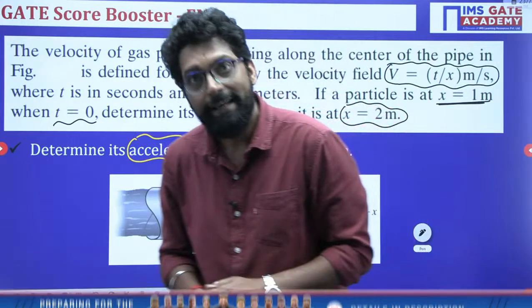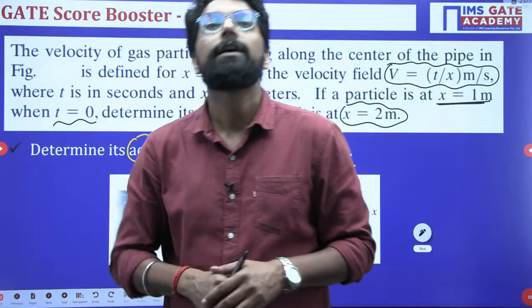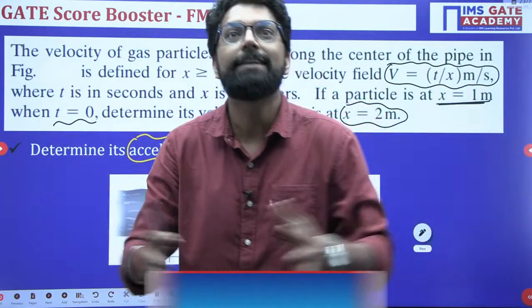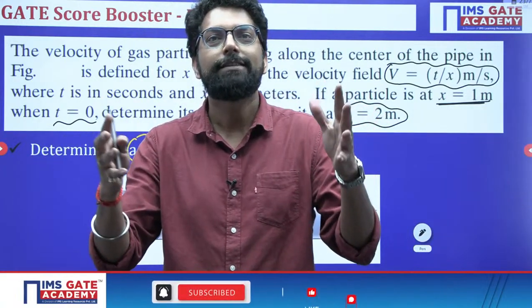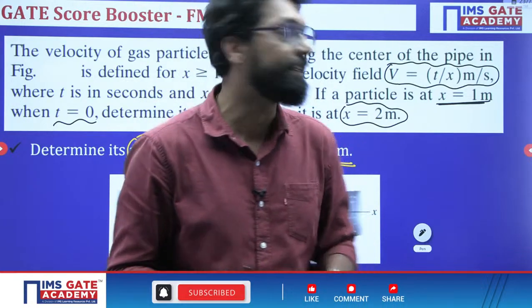So basically, we have a Lagrangian approach, and we convert it into the Eulerian approach. That is known as an operator, the total derivative, capital D by dt.